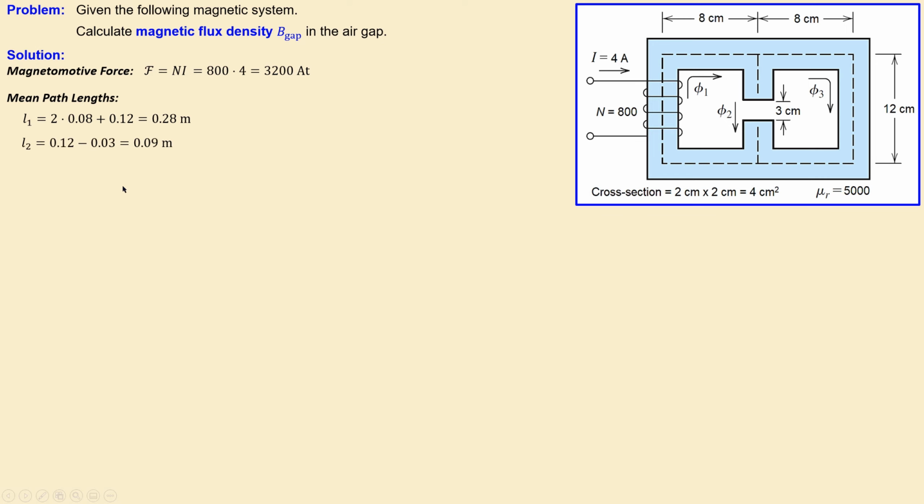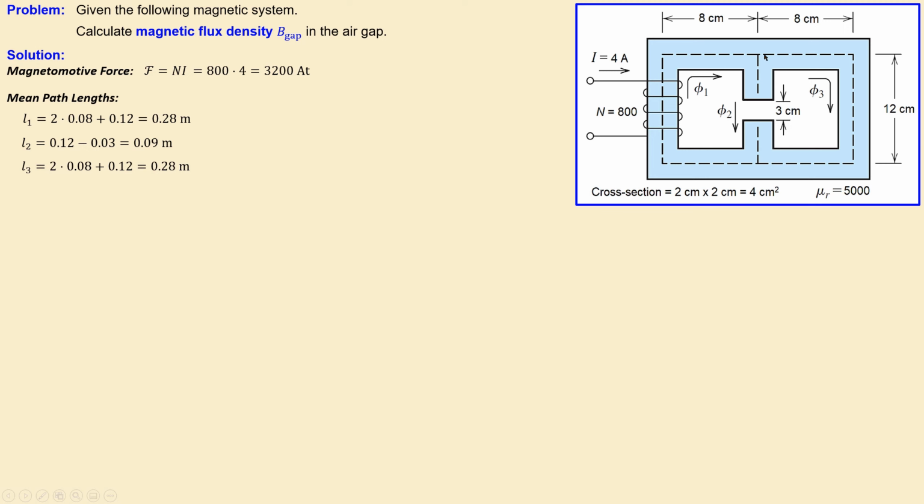In a similar form, we can also do that for L2, which is actually this part of this system. Now we have of course this gap, so we need to subtract from this 12 centimeters. So I have then 0.12 minus 0.03, which is then 0.09 meters, which is just this part of this system, excluding the gap.